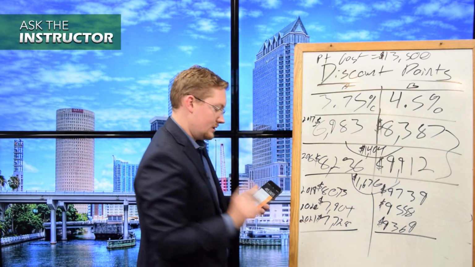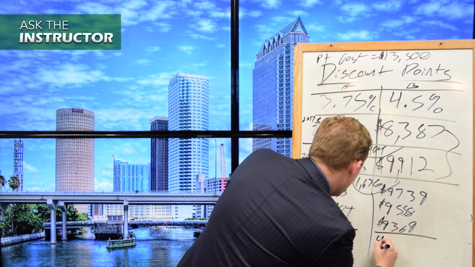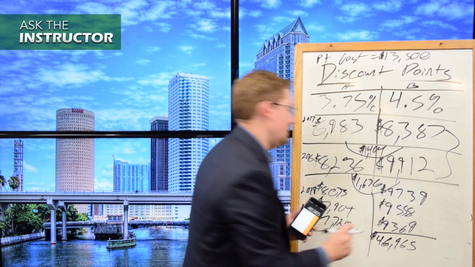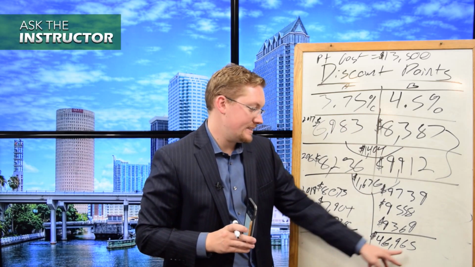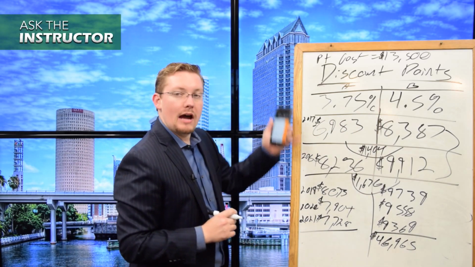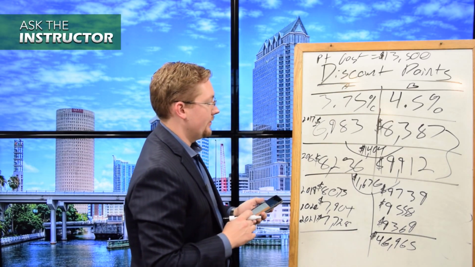So during the course, up until 2021, with this amortization, you're going to spend $46,965 in interest at 4.5%. So at 4.5%, it's $46,965 in interest.